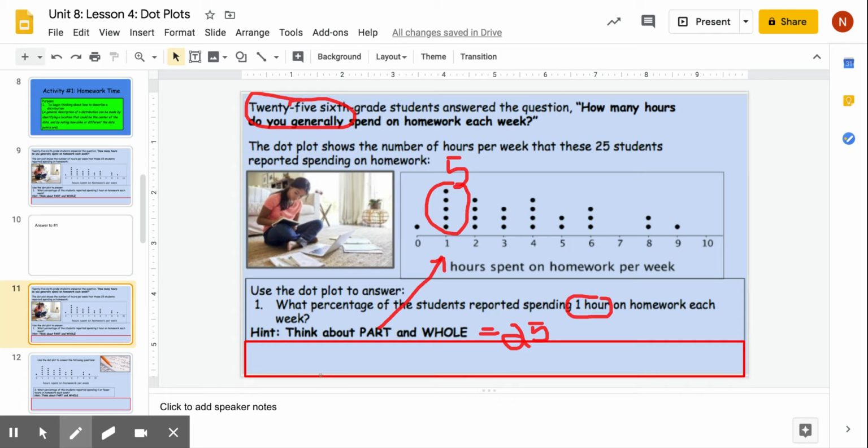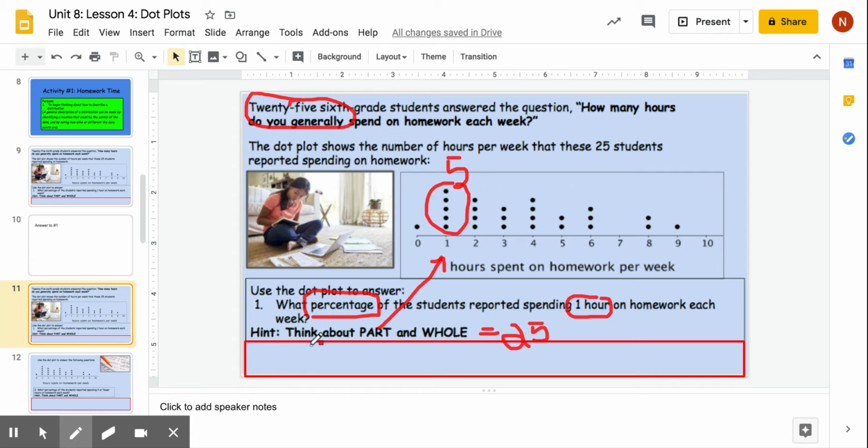But I have to go back to what the question is asking me to do or find. It's asking for what percentage of the students reported spending 1 hour on homework. What percentage? So I know that 5 students out of 25 spent 1 hour on homework.